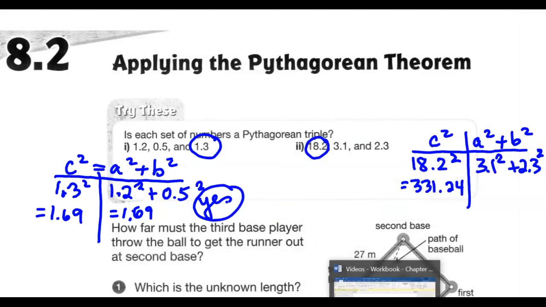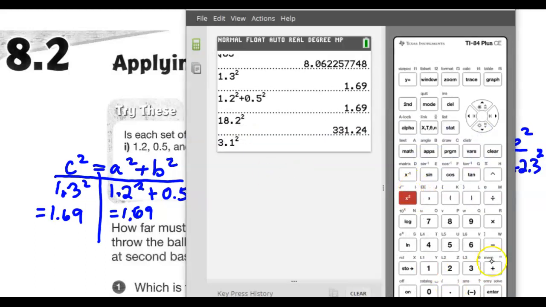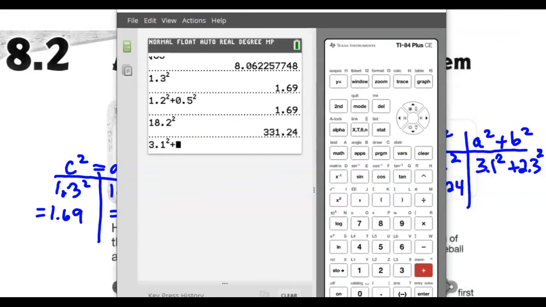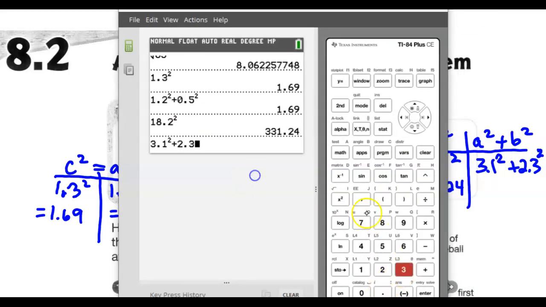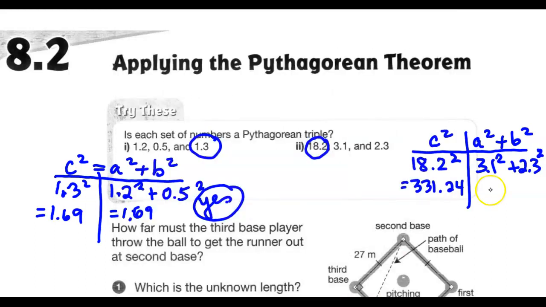And then the other is 3.1 squared plus 2.3 squared, 14.9. Okay, definitely not even close. So that is not a Pythagorean triple.